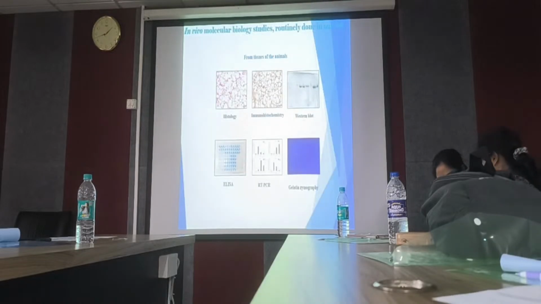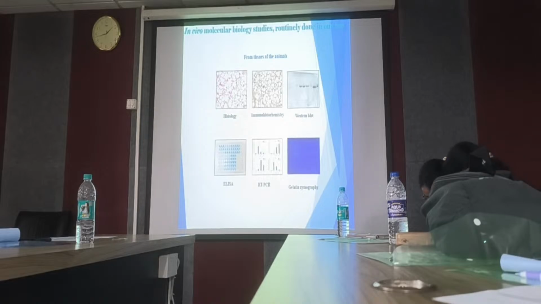These are different experiments we performed with in vivo models. First we isolate the tissue from the animal model, then with that tissue we perform these experiments. First one is histology study that we performed with lung tissue. Second one is immunohistochemistry, where we are targeting a particular antigen with primary and secondary antibody.